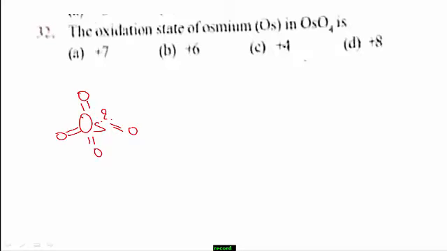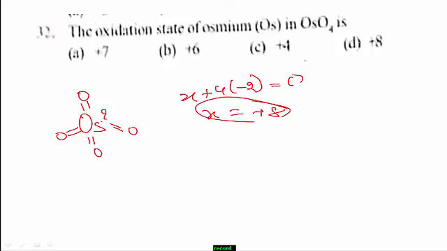Students, we know the most common oxidation state of oxygen is minus 2, which is the case here also. If X is the oxidation number of osmium, then X plus 4 into minus 2 is equal to 0, X equals plus 8, right?